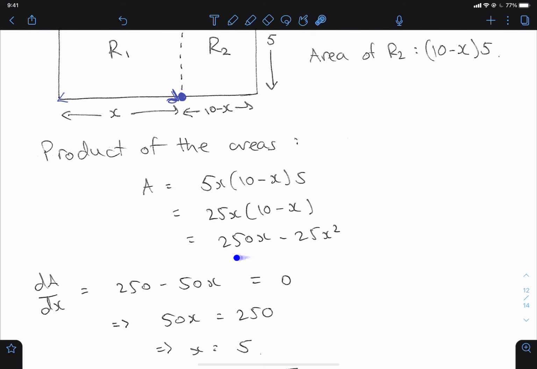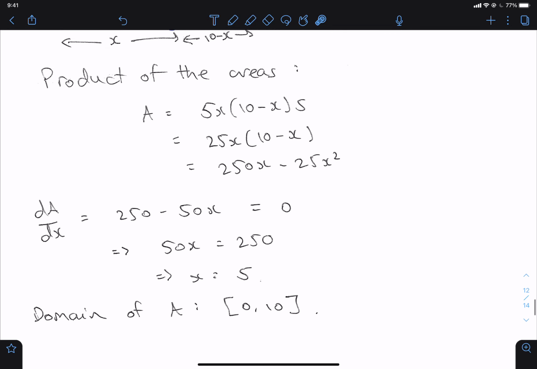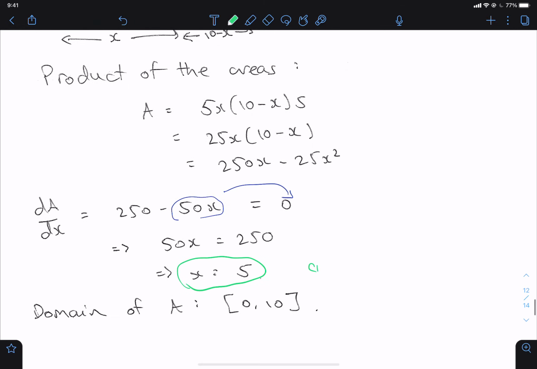That comes to 250x minus 25x squared. And then same routine, let the derivative equal to 0, and then we move this to the other side. So 50x is equal to 250, and then both sides divided by 50, x is equal to 5, and that is our critical number, when the derivative equals 0.